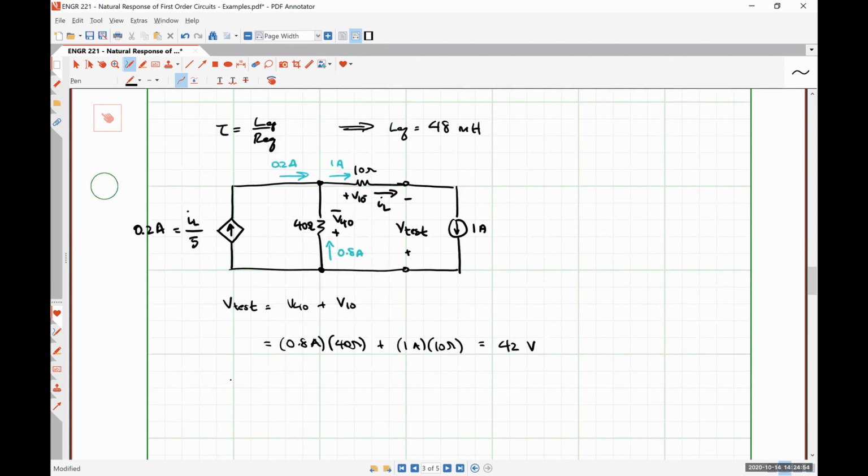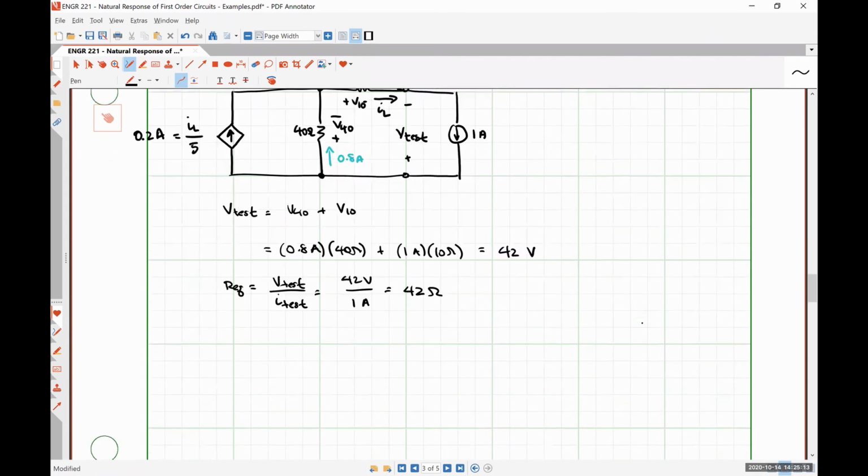So from this, REQ is V test over I test, 42 volts over 1 amp is 42 ohms.